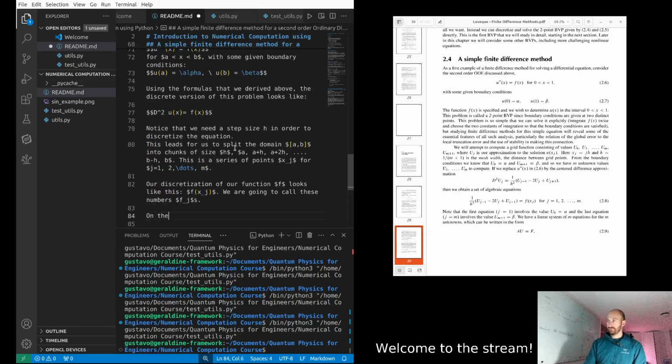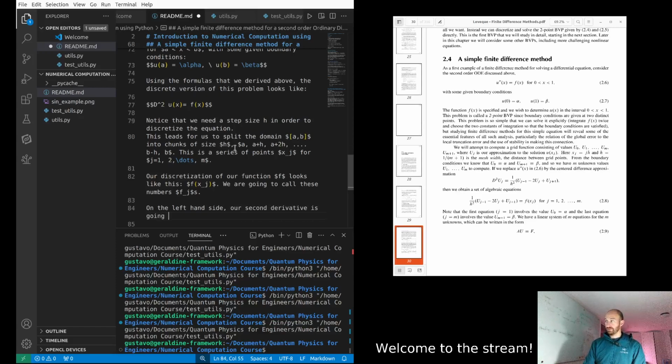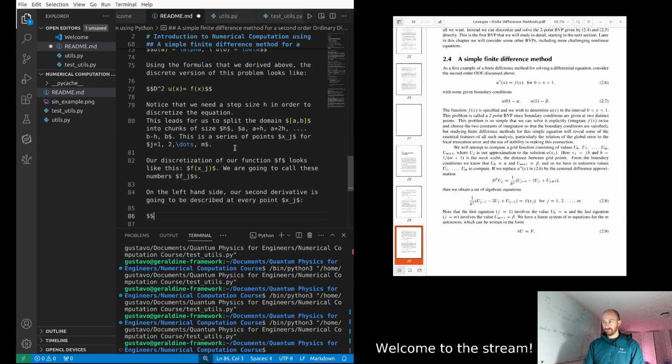On the left-hand side, our second derivative is going to be described, right, at every point x of j in terms of its neighbors, because that's the formula for the discrete second derivative, right? So let's write that here. D2 of u of x of j.